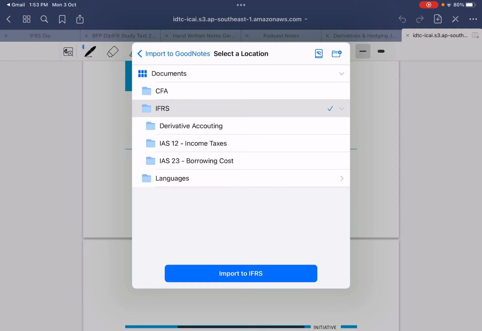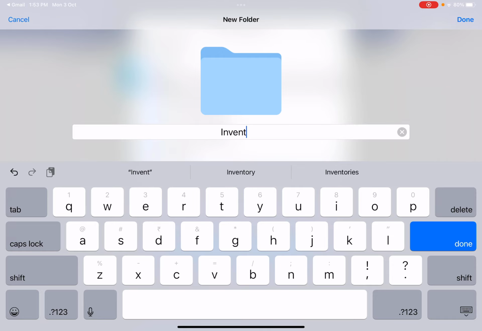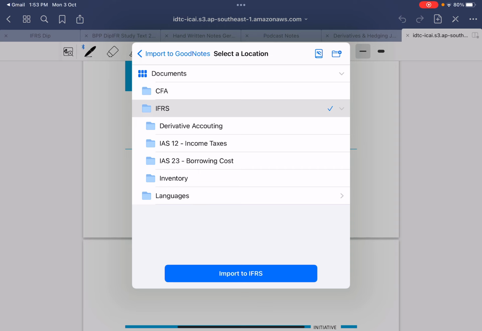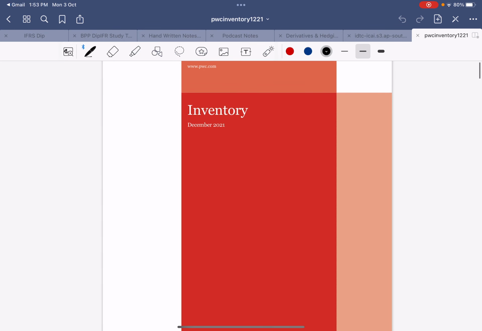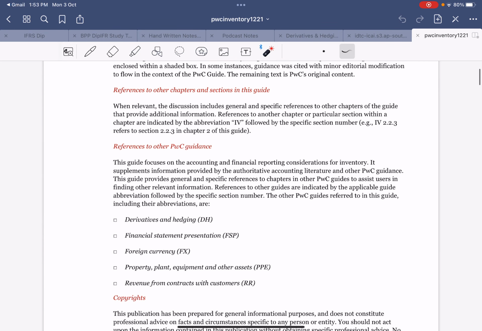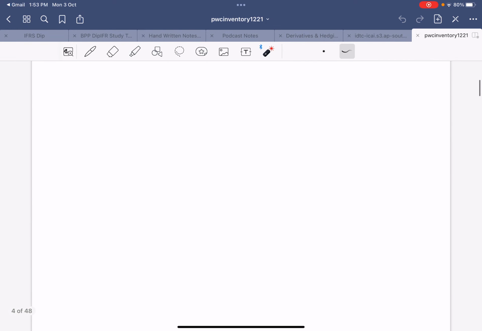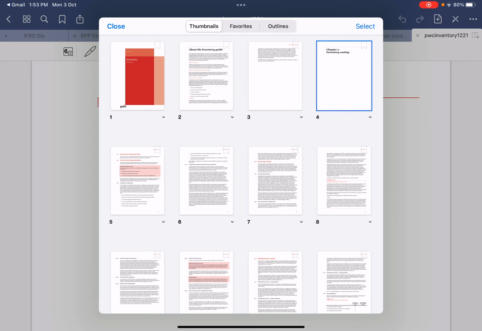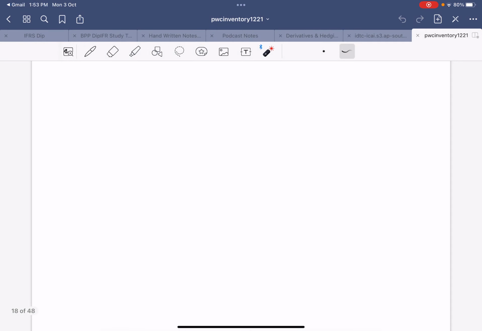Let's first import it into the GoodNotes, into the IFRS new folder, inventories. Done. So the first chapter is inventory costing. Let's see what the different chapters are.